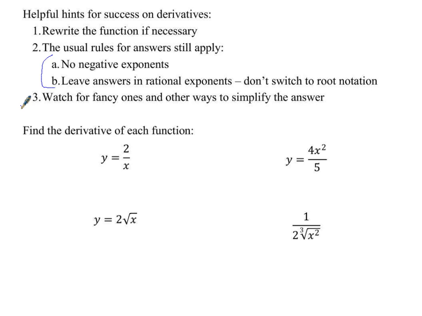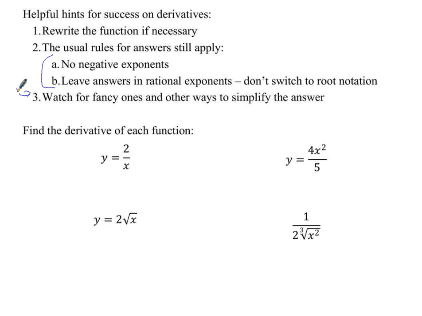You can leave roots in the denominator. You can leave rational exponents in the denominator. You just can't have a negative exponent for an answer. This third one right here is key. Watch for fancy ones and other ways to simplify the answer. As we get going deeper into this chapter, and for really the rest of the year, there's going to be lots of times where things sort of start dividing out and reduce down. You still have to watch for that stuff.